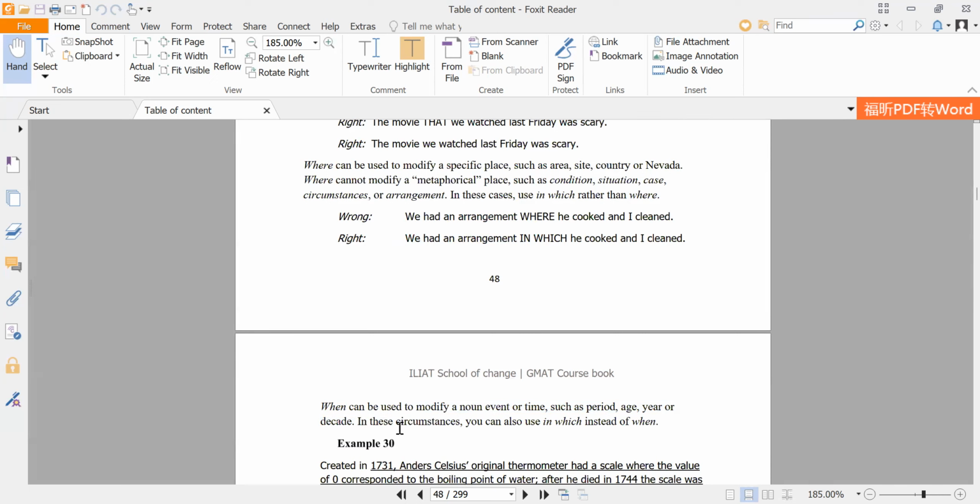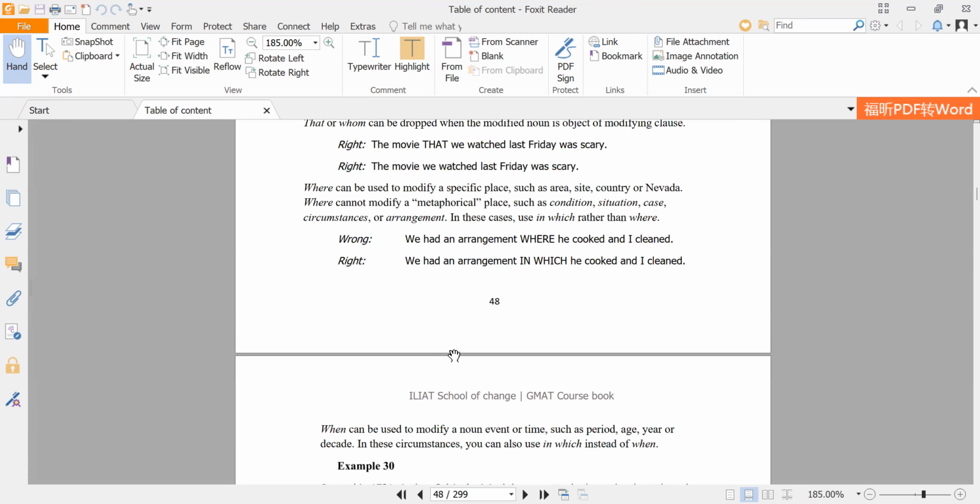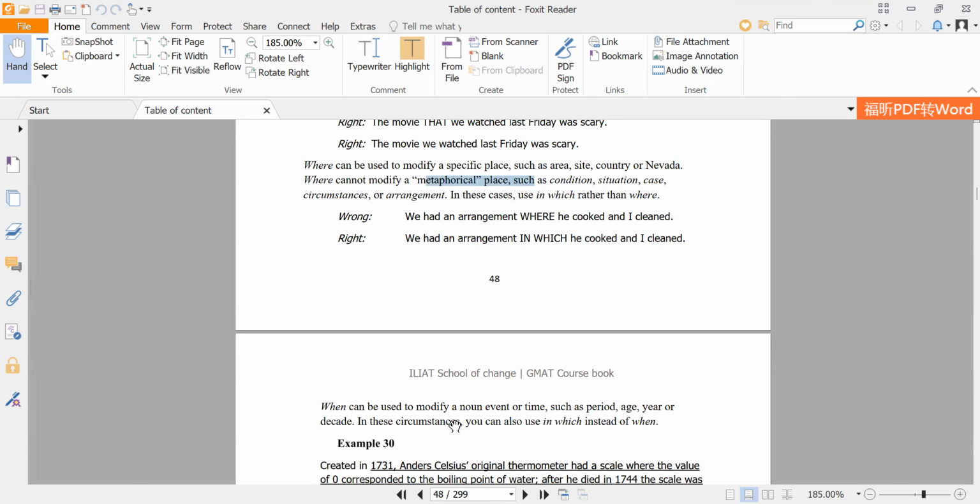But when you want to use a relative pronoun to refer to something more metaphorical, more abstract, something like a contract, an agreement, a process, a procedure, or a context, then you're not going to use when, you're going to use in which.